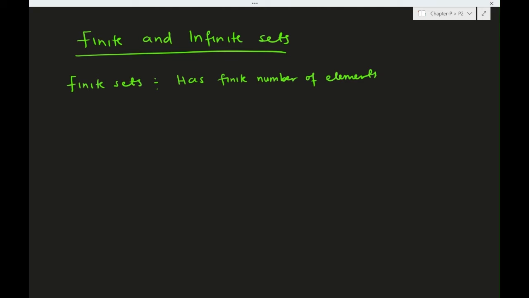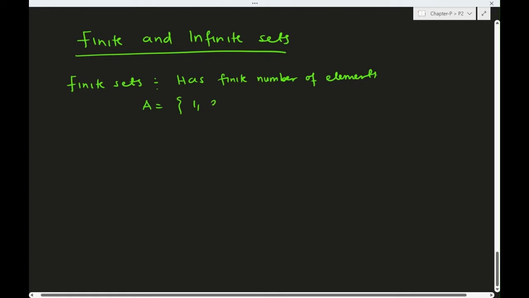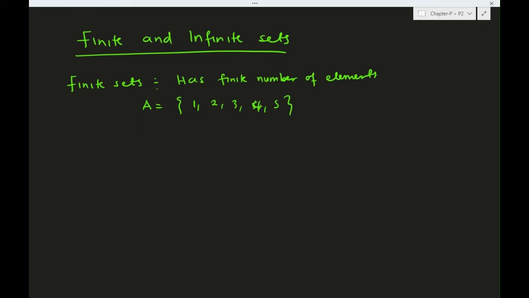What do we mean by finite numbers? It means you know the number of elements, you can count them. For example, if you look at the A we talked about, 1, 2, 3, 4, 5, this is finite because you know how many elements we have here. We only have 5 elements.